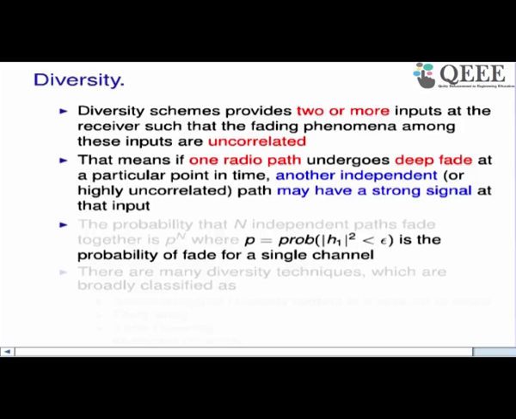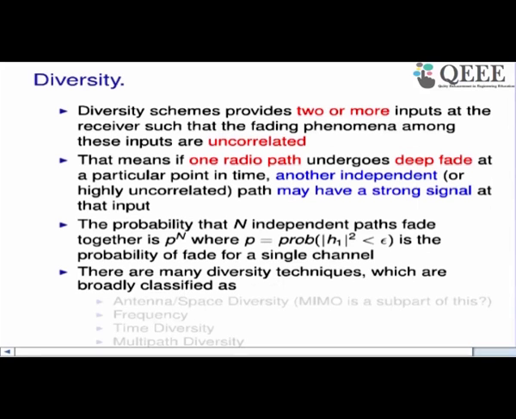Let P be the probability of that happening. Now if you have n independent paths, what is the probability that all of these n paths will fade simultaneously? That probability is going to be P to the power n. So for an example, take P equal to 0.1.